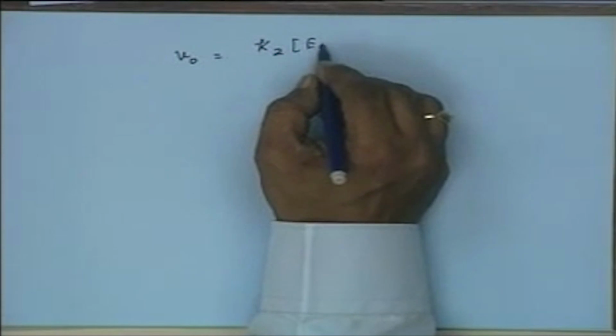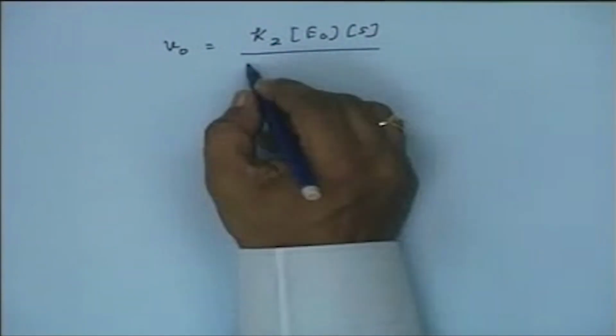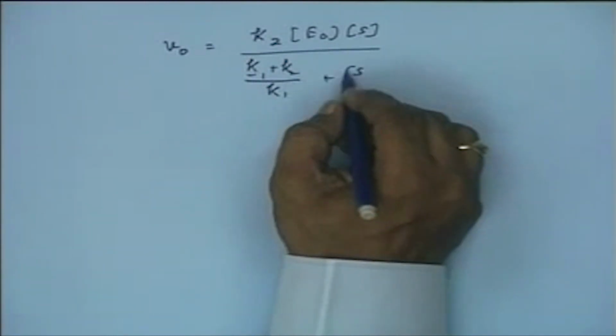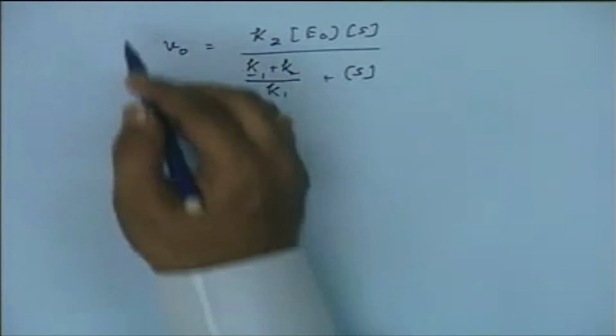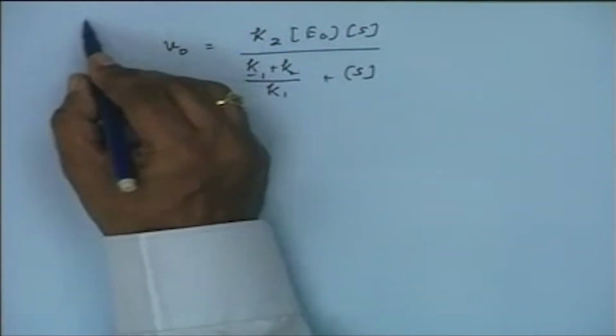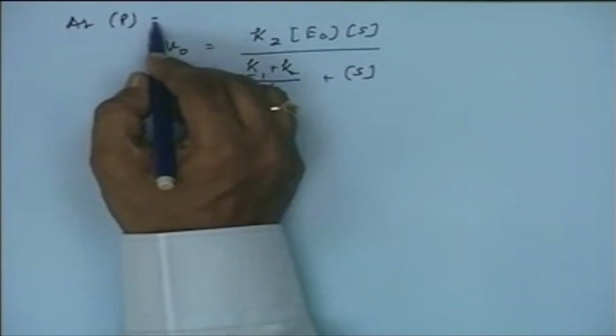He also followed the initial reaction rate concept as K2 E0 into S upon K minus 1 plus K2 upon K1 plus S. Now, this is after, if you take a general reversible equation and put P is equal to 0, because if you are considering the forward reaction only, where you start with the substrate at the initial rate, the product concentration is 0, and if in your general expression you put P equal to 0, you will arrive at the initial reaction rate.